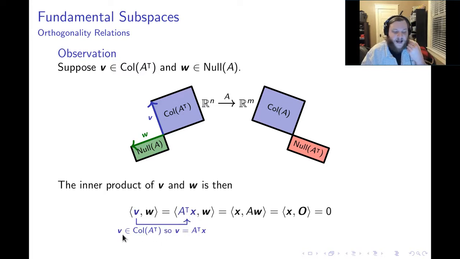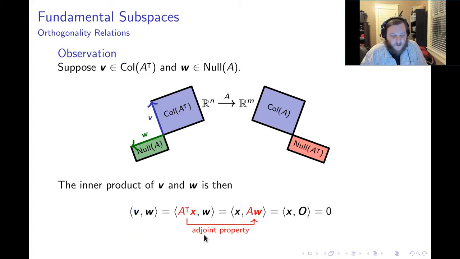And this is exactly what it means for a vector to live in the row space. Any vector in the row space is some linear combination of the rows of the matrix, which means our vector v is equal to the transpose of A times some vector x.